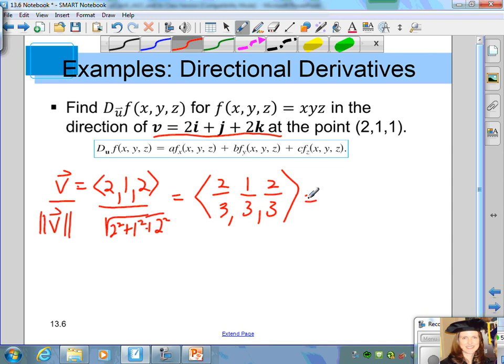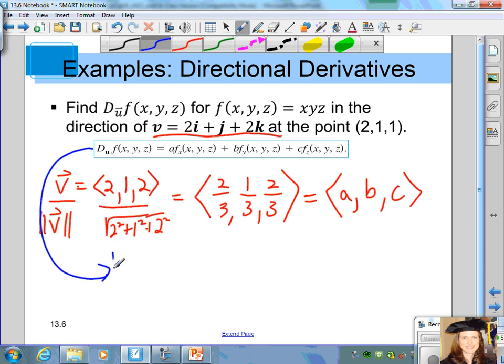Those are the components of your unit vector that's pointing in the direction where you want to find the directional derivative. So that's going to be our a, b, c. So using this formula here, we are going to find the directional derivative of the function in the direction of the u vector. We're given the v vector and we had to make it a unit vector.